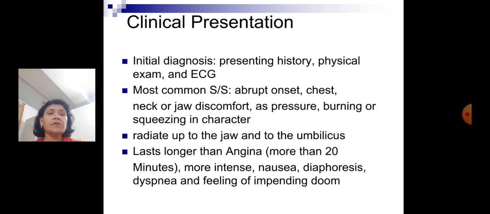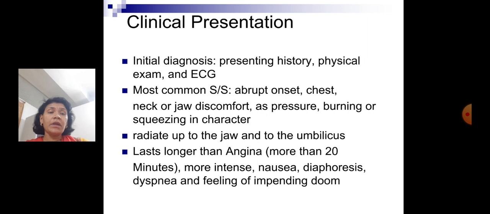Clinical presentation. The initial diagnosis can be made on the basis of presenting history, physical examination, and ECG. The most common signs and symptoms a patient presents with are an abrupt onset of chest pain, or there can even be just neck or jaw discomfort, felt as pressure, burning, or squeezing in character.